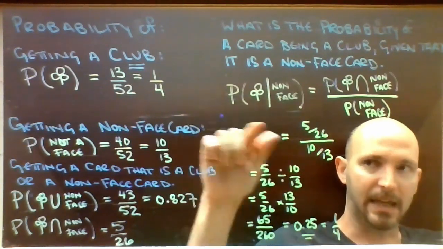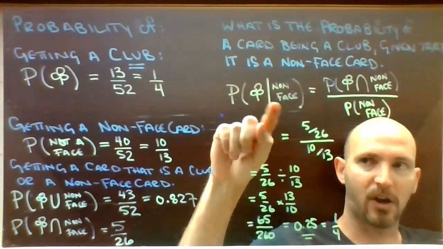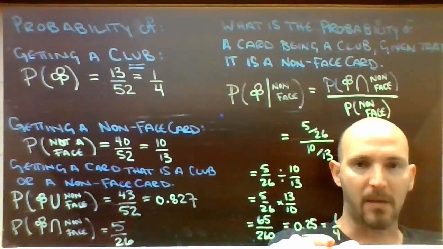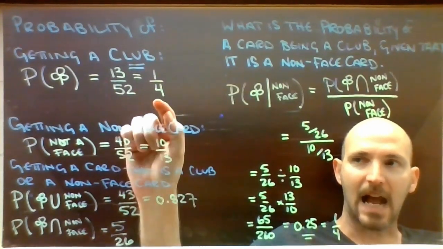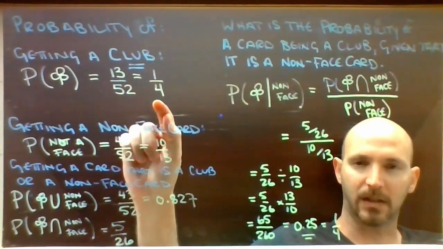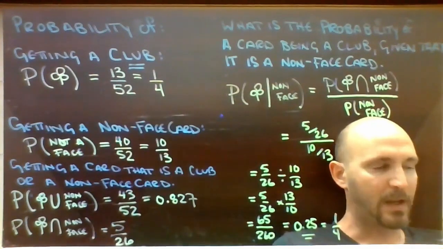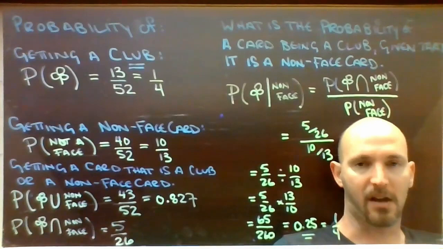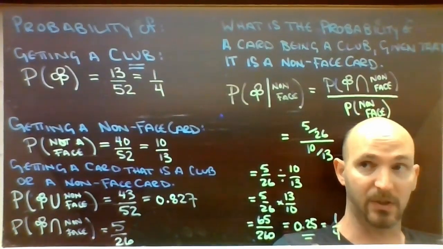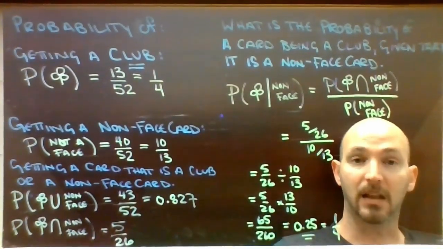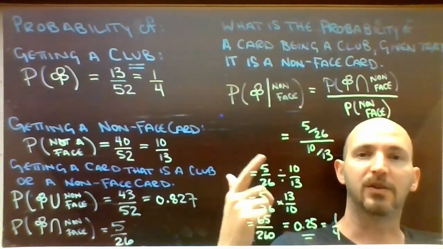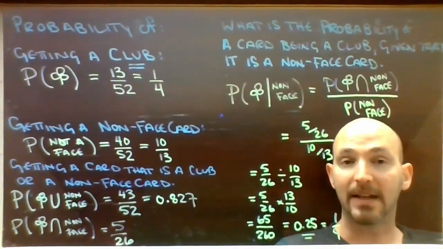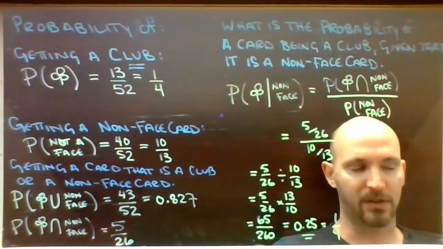If this and this are independent of each other, do you notice that this probability happened to match exactly the probability that it was a club? So if the probability of it being a club, given that it's a non-face card, happens to be equal to the probability that it's a club, then you've shown that those two things, being a club and being a non-face card, are independent events. They have nothing to do with each other.